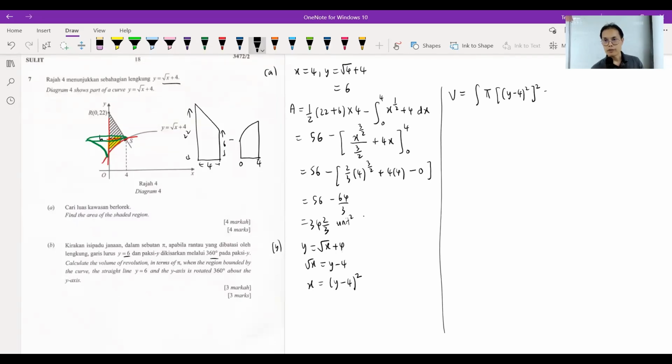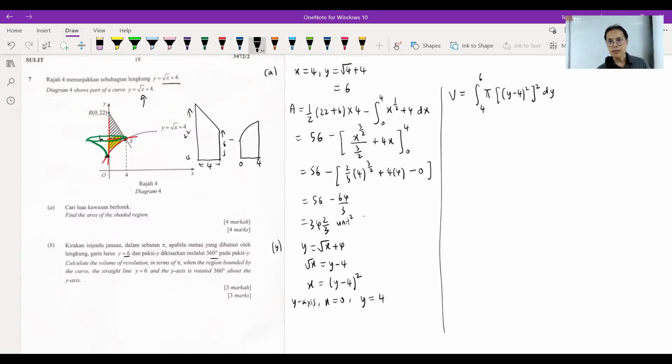Then you square it further, dy. Now, let's figure out the limit. We know that the lower limit is this at x-axis. At y-axis, x is 0. Imagine put 0 inside here. Your y is 4, so lower limit is 4, upper limit 6.